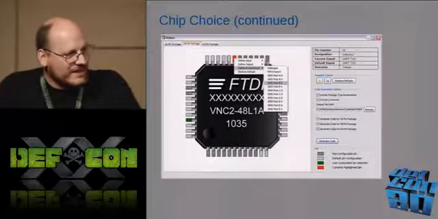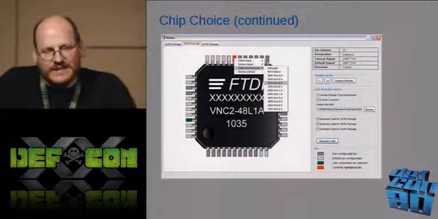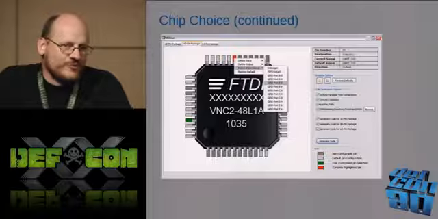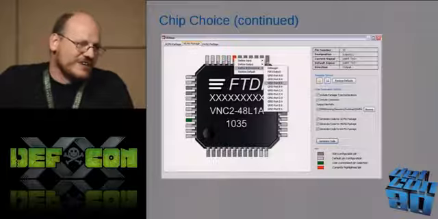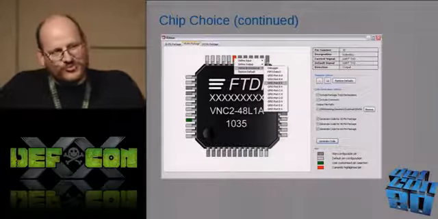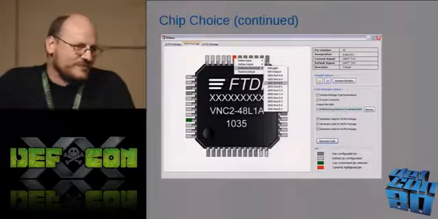And one other difference between the AVR series and these FTDI chips is that in the AVRs, when you go from one size chip to the next, it changes the amount of RAM and flash, where here it's consistent. So the only thing that changes, if I go from a 32 pin to a 64 pin, is the amount of I/O pins I have available to me.